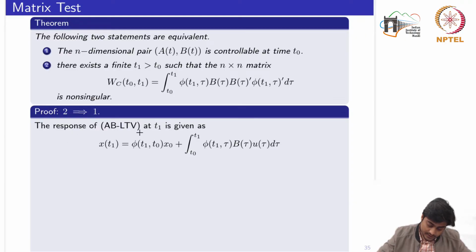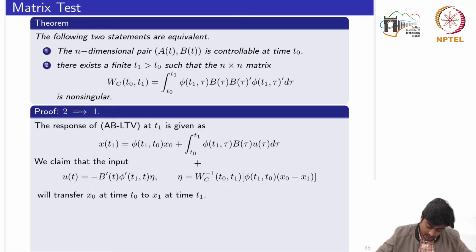The response of this LTV system at time t1 is given as this by the variation of constants formula. So we claim that this input, which is quite similar to the input we had specified while discussing the characterization of the controllability subspace with the controllability Gramian.